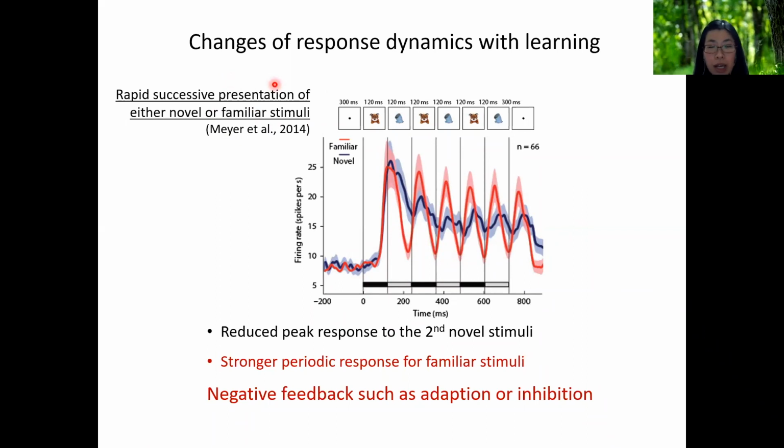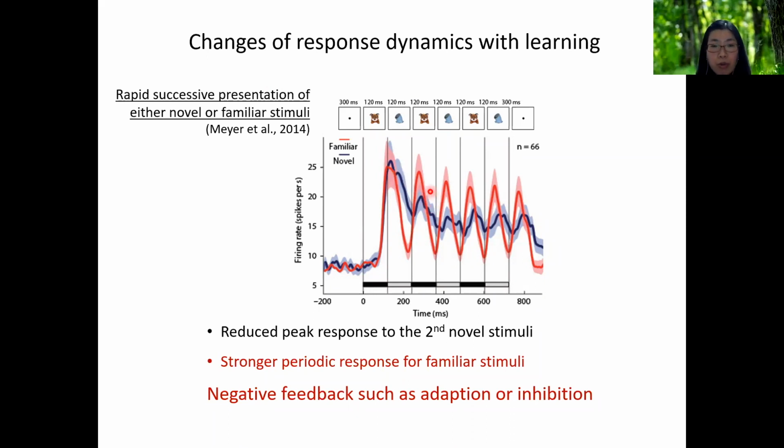The successive presentation experiment suggests the existence of negative feedback, because the response for the second novel stimulus couldn't recover to the first one. It wasn't as strong as the first one.